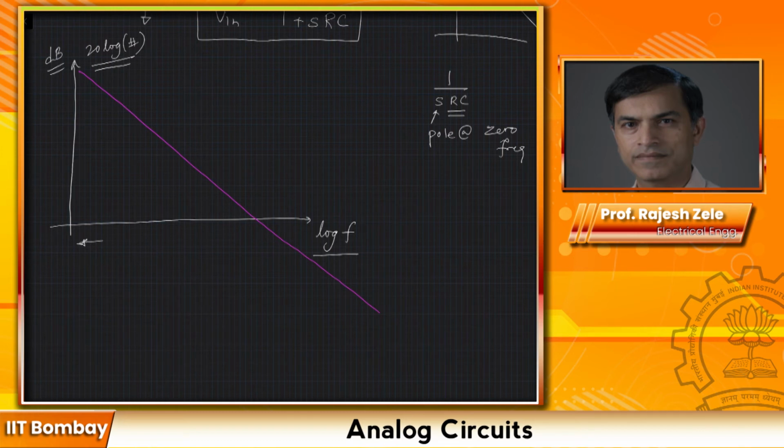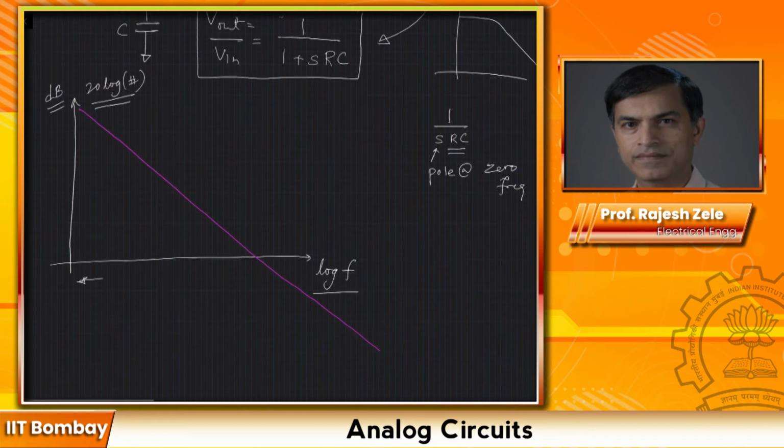At frequency S equal to 1 over RC, gain is 1, and in dBs that would be equal to 0. So this is your 0 on the dB axis. 1 divided by RC is the unity gain frequency.